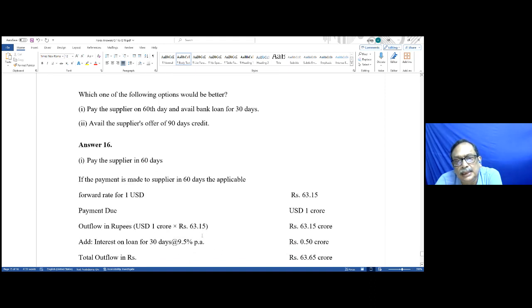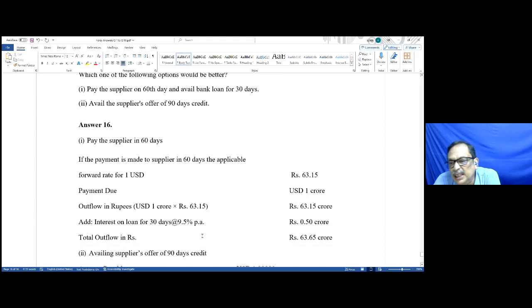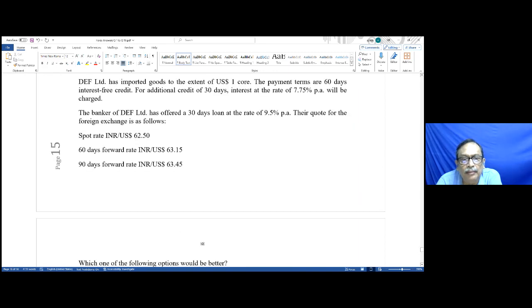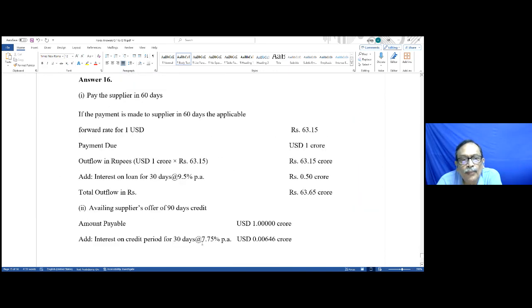Option one: pay the supplier on the 60th day and avail a bank loan for 30 days. Option two: avail the supplier's offer of 90 days credit. If the payment is made to the supplier in 60 days, the applicable forward rate for 1 USD is rupees 63.15 as given in the question.